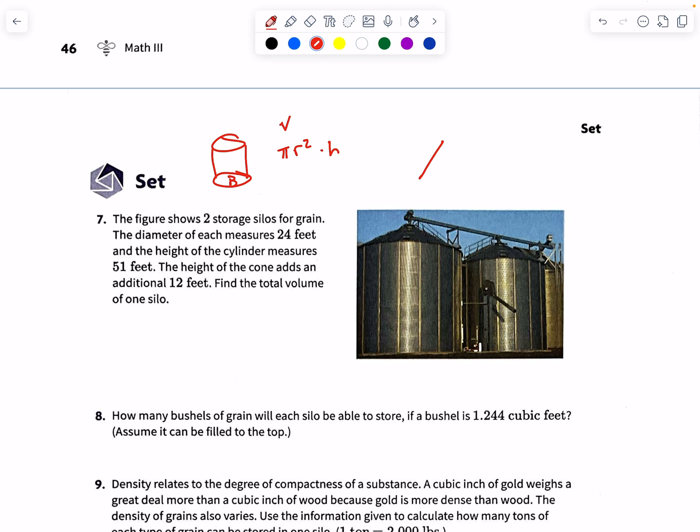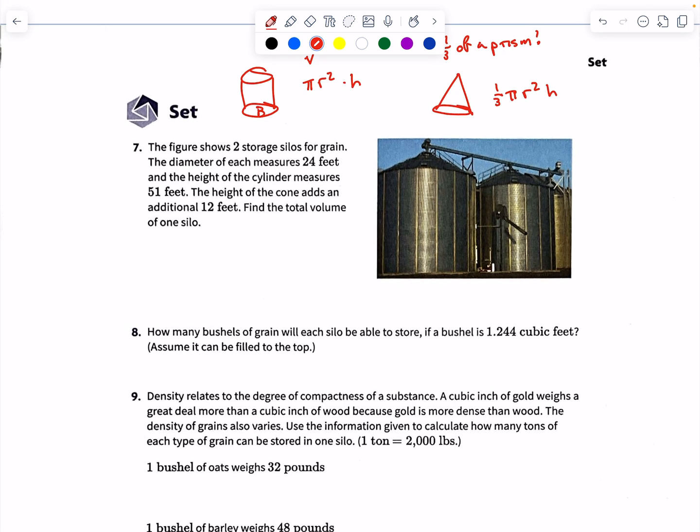And then for a cone, since it's a pyramid, it's 1/3 pi r squared h. Incidentally, what's a two-dimensional thing that comes to a point? Oh, a triangle. And it's 1/2 base times height. 1/2 for a two-dimensional object, 1/3 for a three-dimensional object that comes to a point. Coincidence? I think not. Okay, so I'll write that one down.